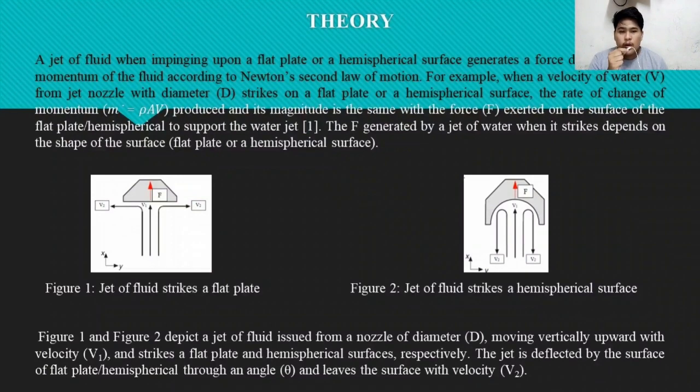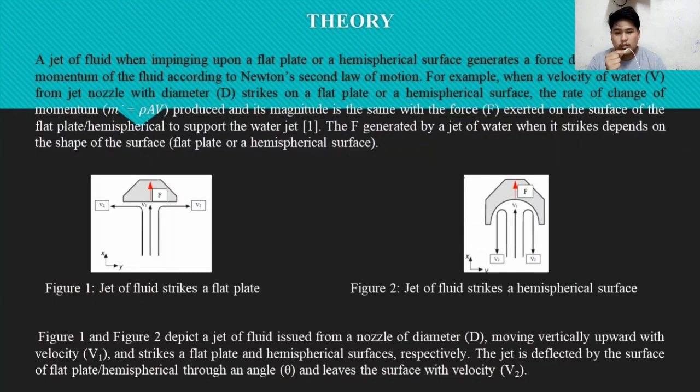For example, when water from a jet nozzle with diameter d strikes a flat plate or a hemispherical surface, the rate of change of momentum produced has a magnitude equal to the force exerted on the surface of the flat plate or hemispherical surface to support the water jet.